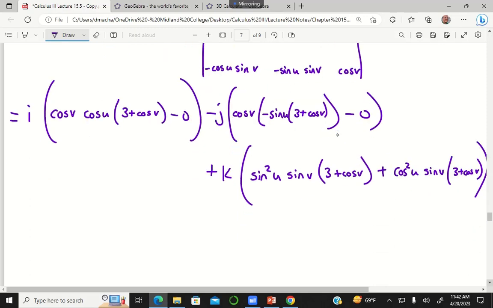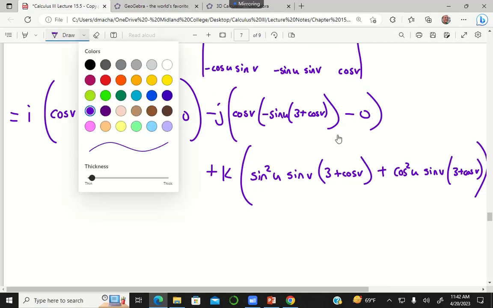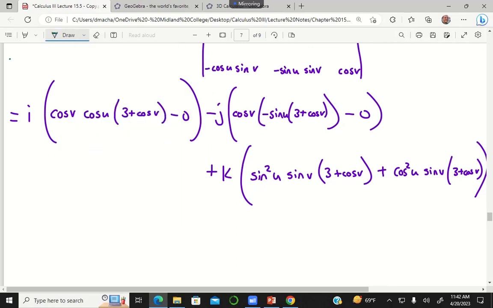Okay. So that is our normal vector in ijk notation. And kind of messy, just a little bit.